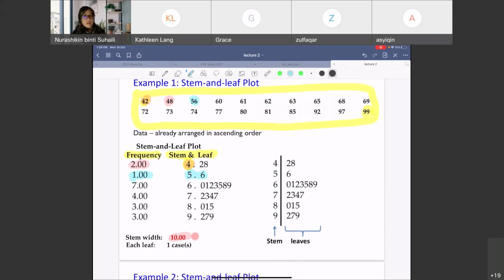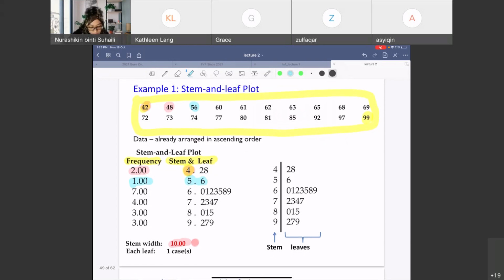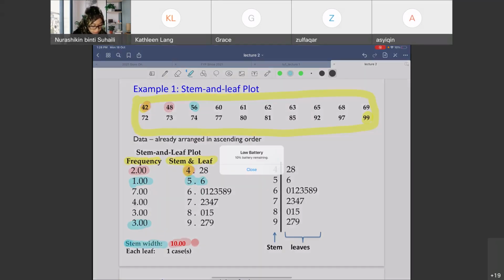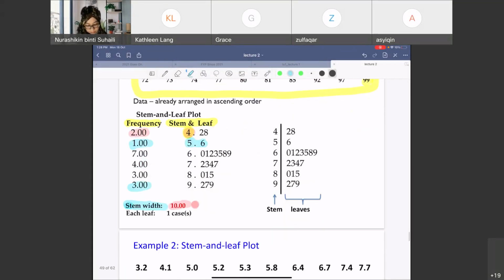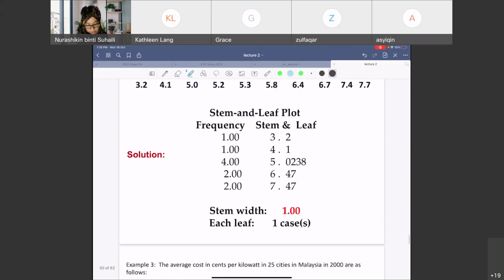The same thing goes for the rest until we get the highest one, which is 99. For the 90s, there are 92, 97, and 99, so there are 3 frequencies. So this is the stem and leaf plot. What is important is that you have a column for frequency, a column for stem and leaf, and you also have to define the stem width. Okay, so that is the stem and leaf plot.